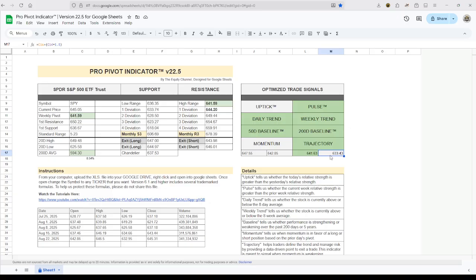So, if I happen to be above my trajectory point here, but I'm at the monthly R3, let's just say, I'm going to start looking for short opportunities, but I'm not going to look to go too far beyond this point. Okay, we're approaching the high end of the range, or in this particular case, we're approaching the 20 period moving average. I'm going to look to get out of the way. By that point, my daily trend is likely red. But you don't want to be fooled by that and think that means, oh, I have to be short right now, right?